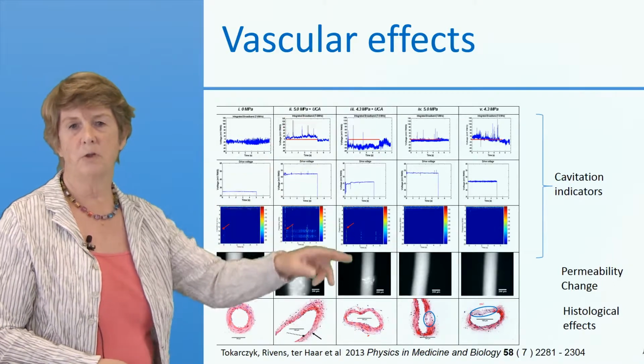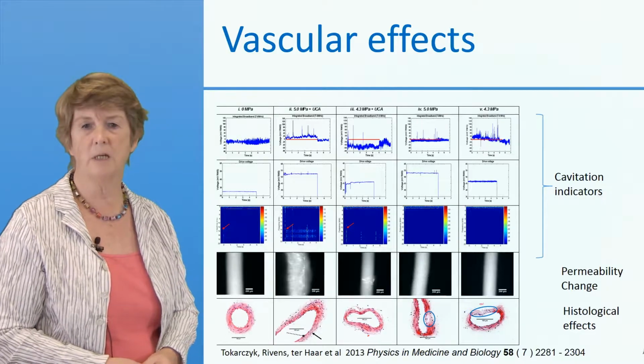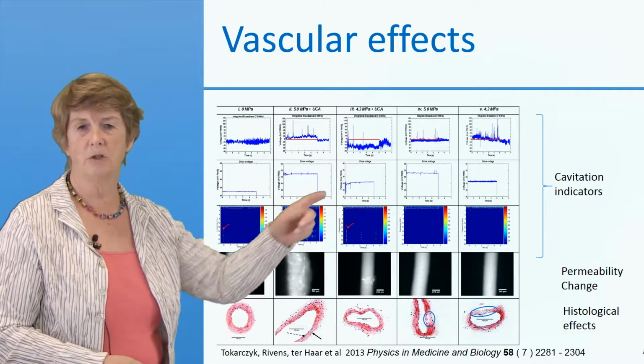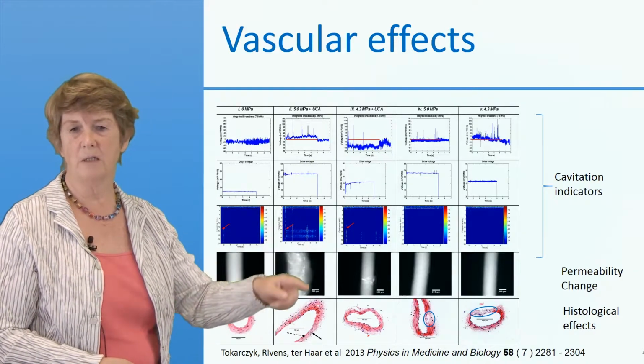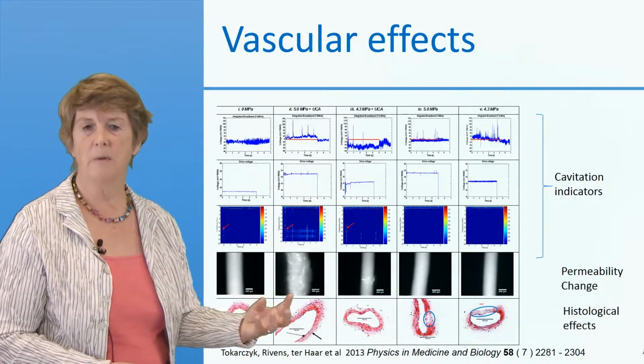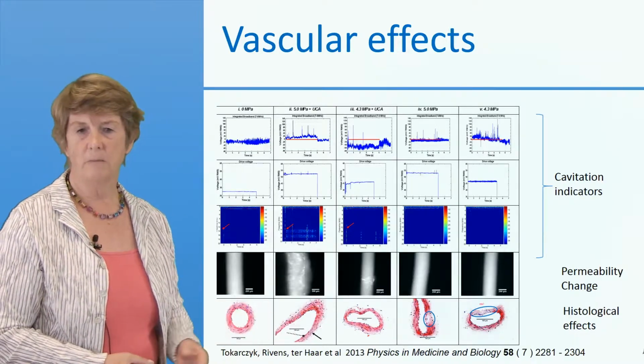In the next two columns you can see ultrasound exposure in the presence of ultrasound contrast agents, and what you can see is not only a cavitation activity, but that when we put dextran into that vessel, that dextran is permeating through the vessel wall to allow us to see it under the microscope.